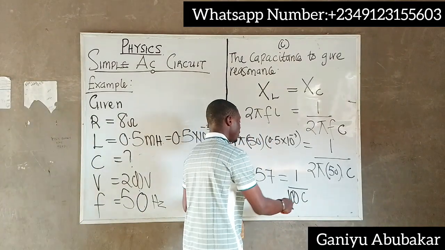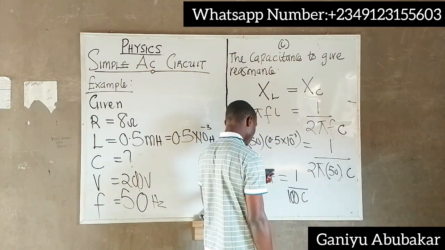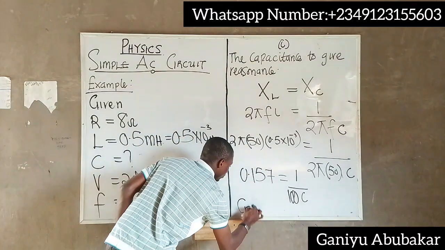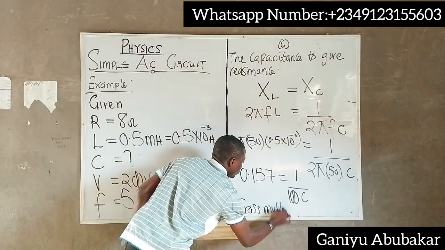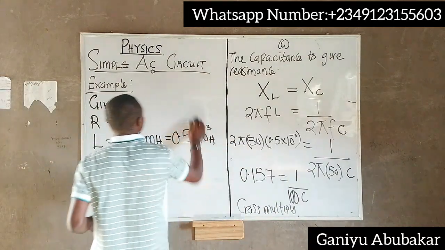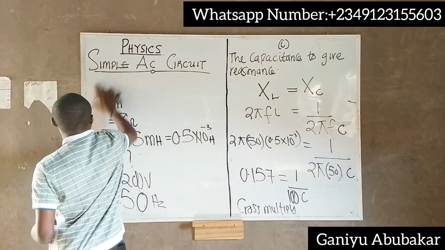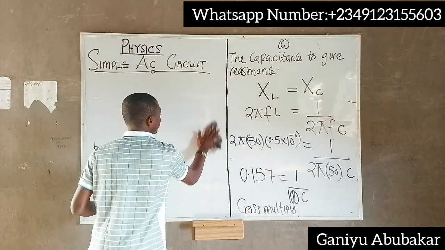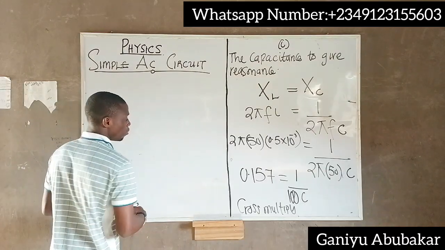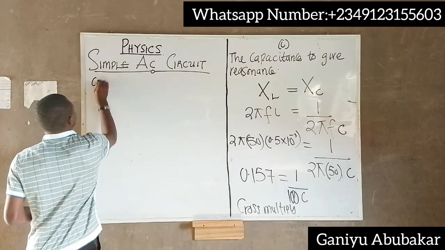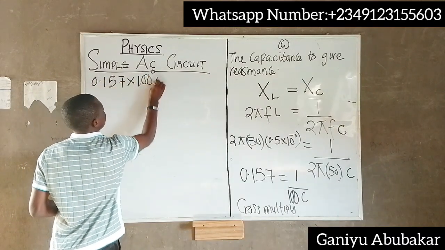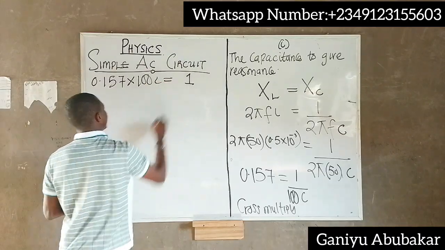If I cross multiply, what do I get? I will have 0.157 times 100C equal to 1.